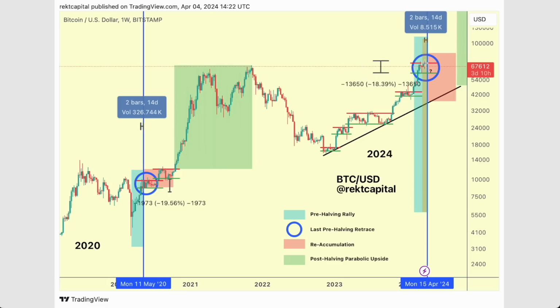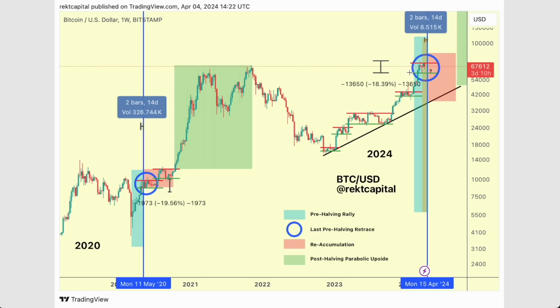For instance, if we were to reject from this range high of the reaccumulation range and then fake breakdown below it, like we did here, or over here, or even over here, if we fake breakdown below this range low, that would probably be the very bottom of this last pre-halving retrace phase, provided that we haven't seen the bottom yet.